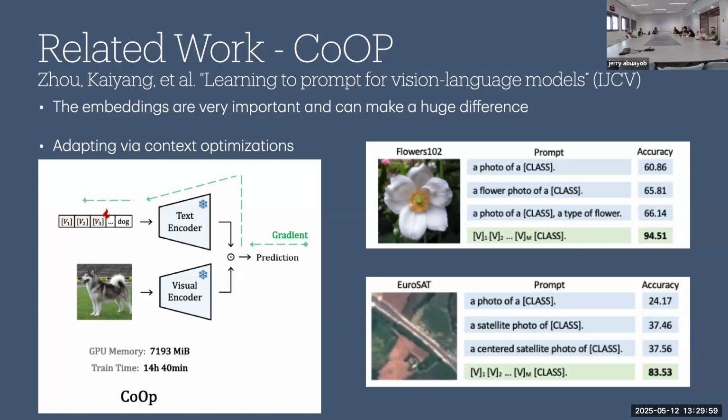The tokens are discrete now. How can you train them with gradient descent? No, it's like a learnable token. Maybe I don't understand the question. So the learnable part is the embedding of that token, but then does it correspond to a word?